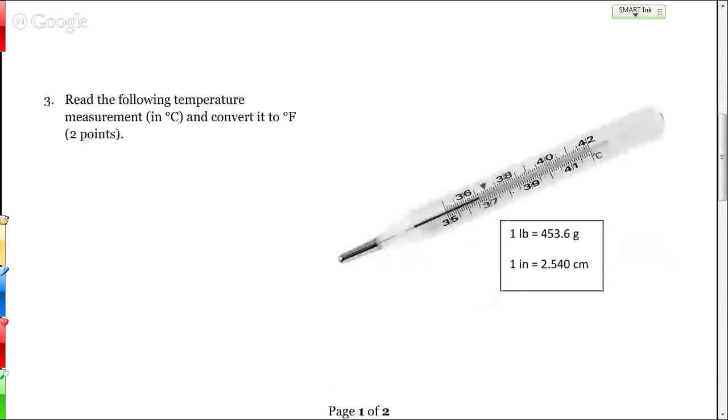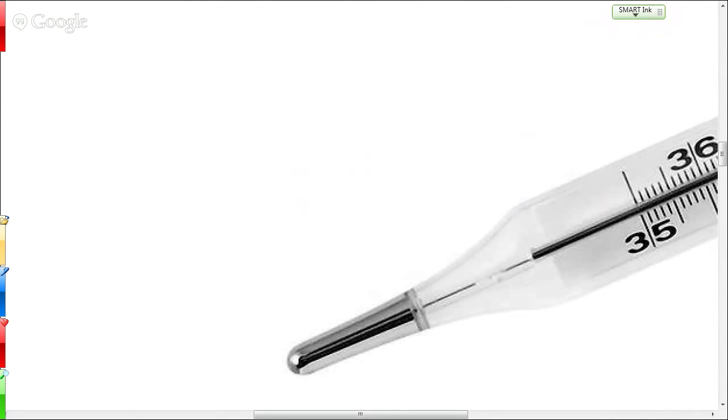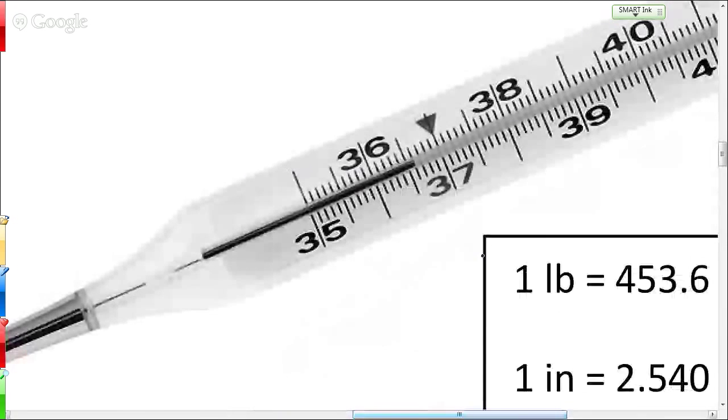Okay, now this one we need to read a temperature properly and then convert it to Fahrenheit. So this is a thermometer in degrees C. Let's zoom in a little bit. Since you're looking at this printout and who knows what the resolution was in the printout, that's why we estimate that final digit.